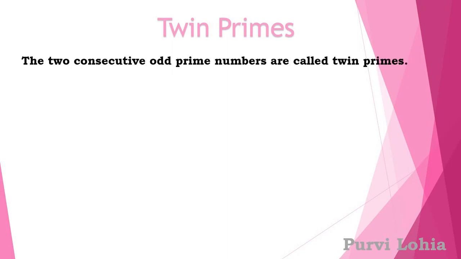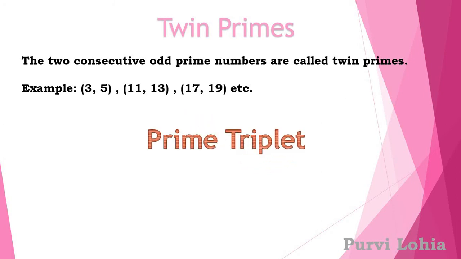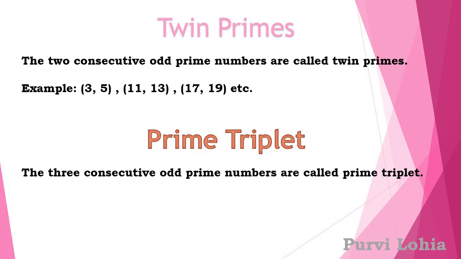What are twin primes? Now there is one concept called twin primes. Two consecutive odd prime numbers are called twin primes, like 3 and 5, 11 and 13, 17 and 19. So all these are twin prime numbers. Okay. Prime triplet. The three consecutive odd prime numbers are called prime triplet.